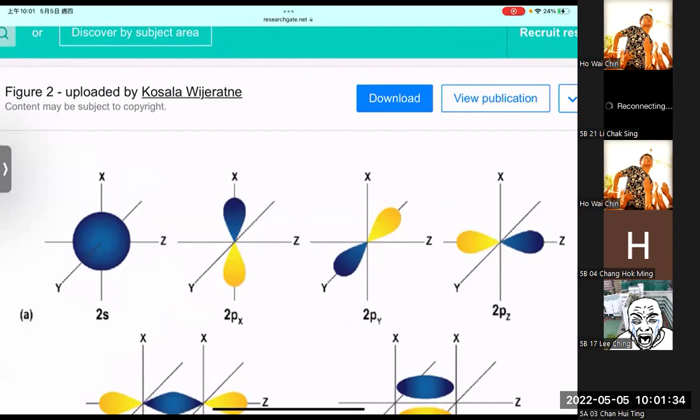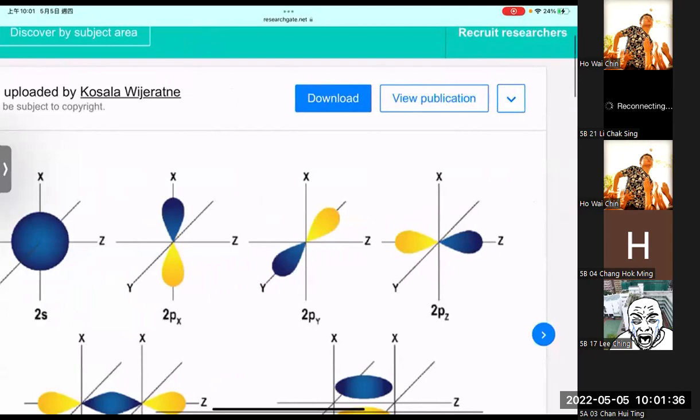How about the p orbital? Why do we have 3 boxes? Because the shape of the p orbital is like a loop by loop shape. Can you see that? It can be placed along the x axis, y axis, and z axis.